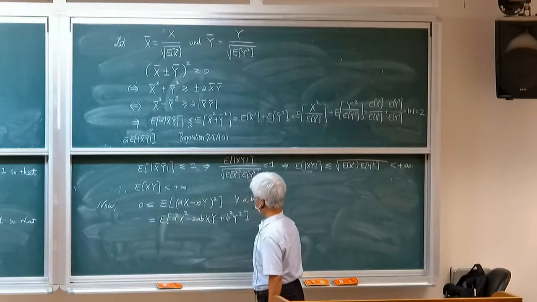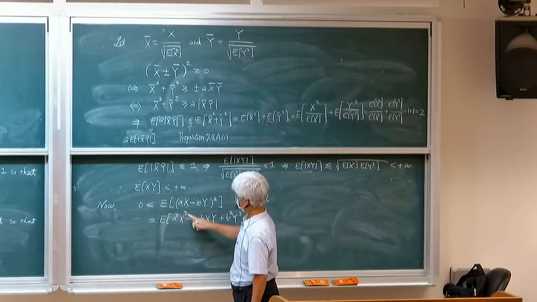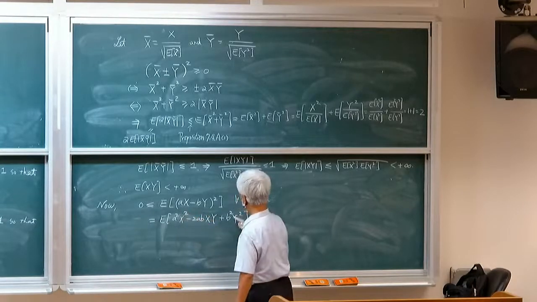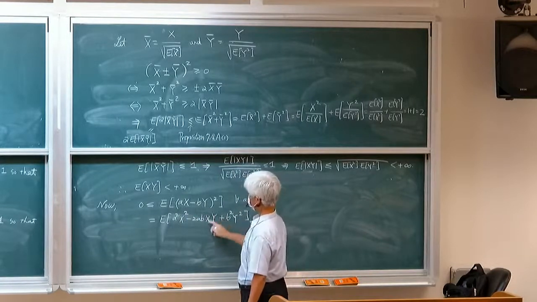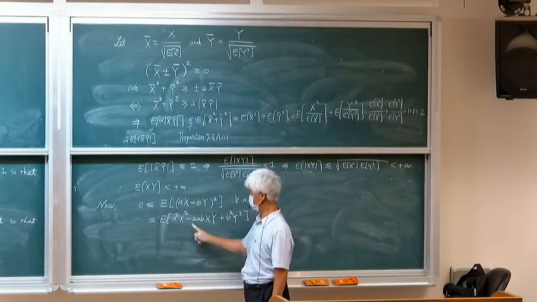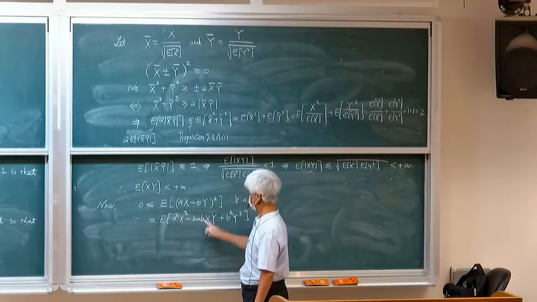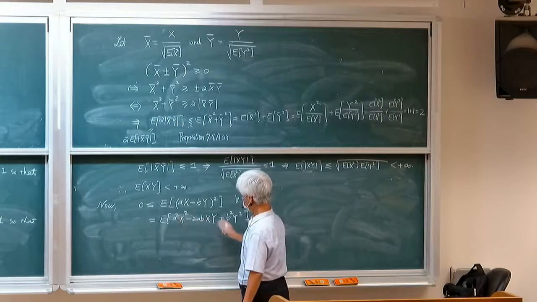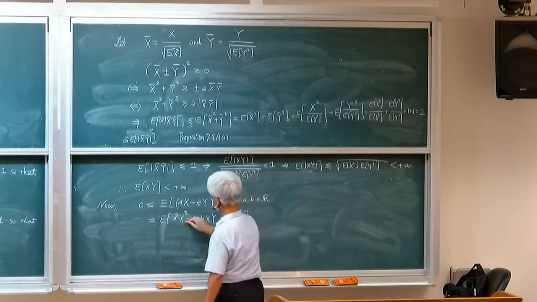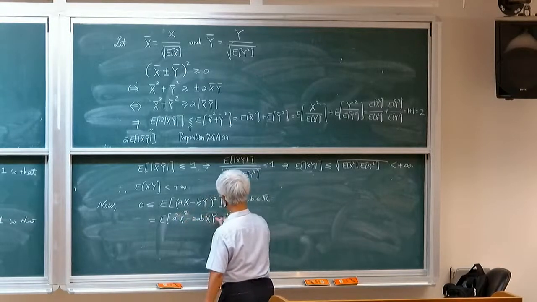Now we know x square has finite expectation, y square has finite expectation, and xy has finite expectation, right? So this is a linear combination of these three random variables: 1, 2, and 3.